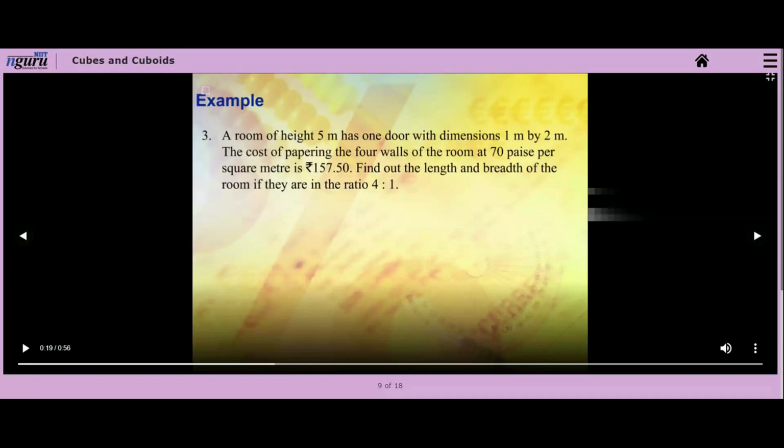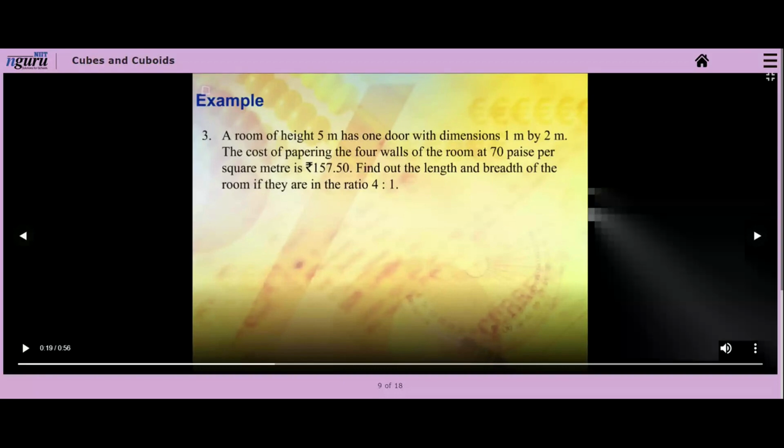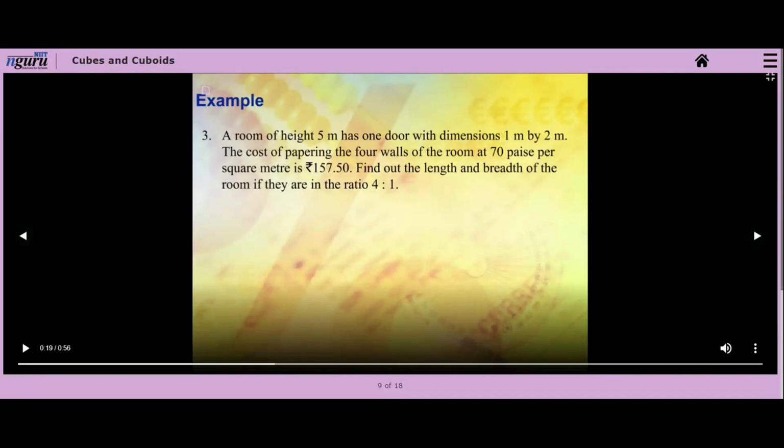So 50x minus 2, multiplied by 70 paise, 0.7, equal to 157.5.